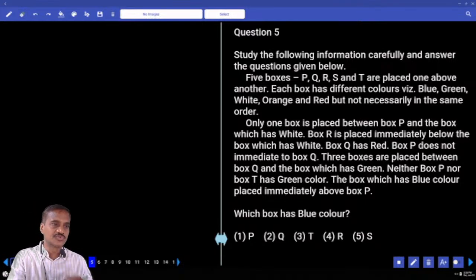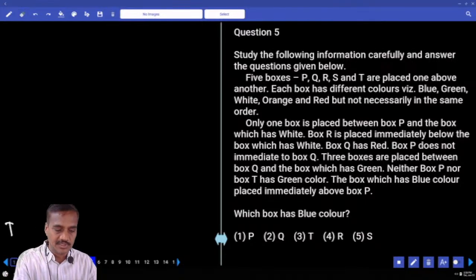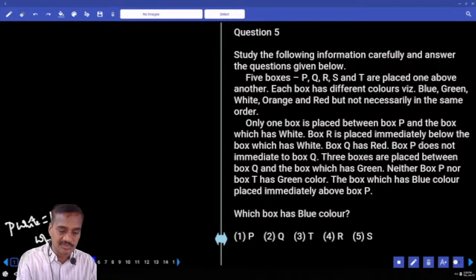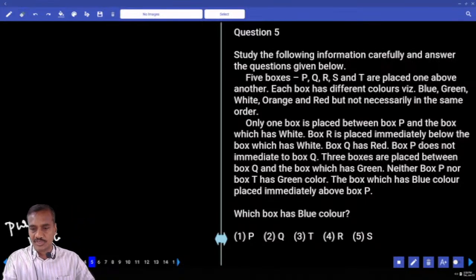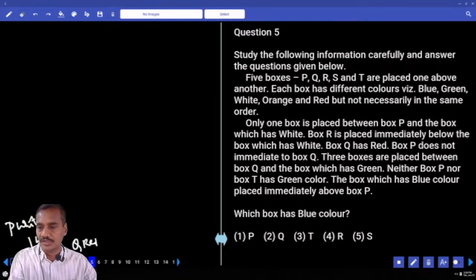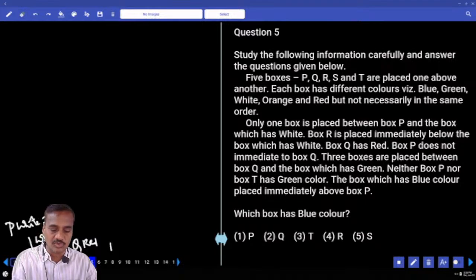Between P and white there is exactly one box. Now between P and the box that is white in color, there is exactly one. And next, R is placed immediately below the box which is white in color. Then next, Q is red in color. And P is not immediate to Q. Now P and Q are not adjacent to each other.